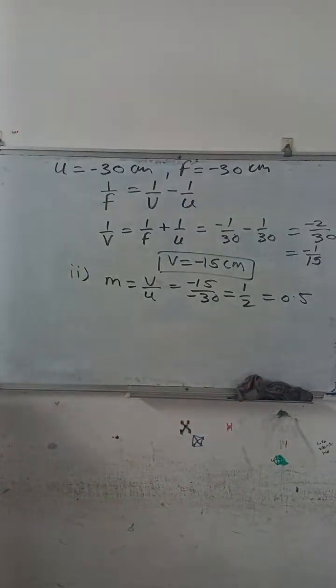Magnification is a unitless quantity, and once you get plus 0.5, from this we can say that the image is formed on the same side, that is erect, and it is 15 centimeter away from the lens on the same side of the object. Size is diminished, because we got 0.5, and the image is erect. Okay, so this is the nature.